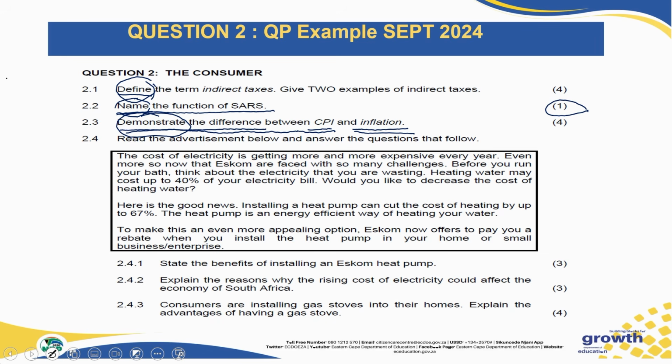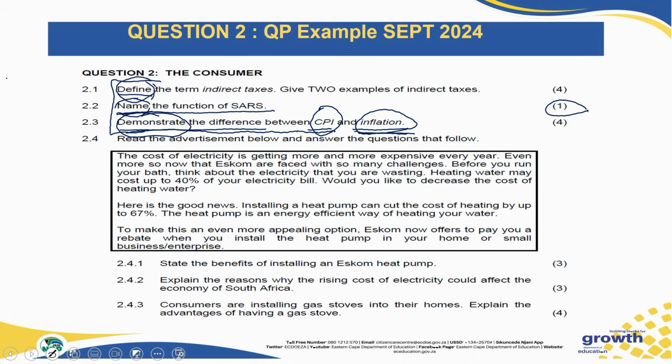You cannot just say consumer price index, but you need to provide in-depth knowledge of what is a consumer price index and compare the consumer price index with inflation. That is how you provide the difference, and that is how the scaffolding of questions is done.